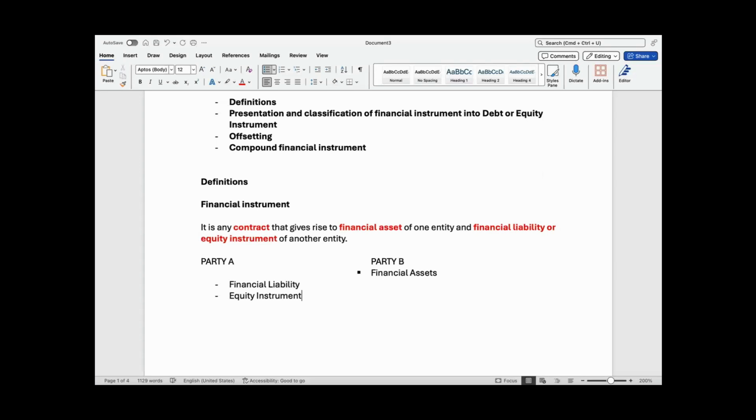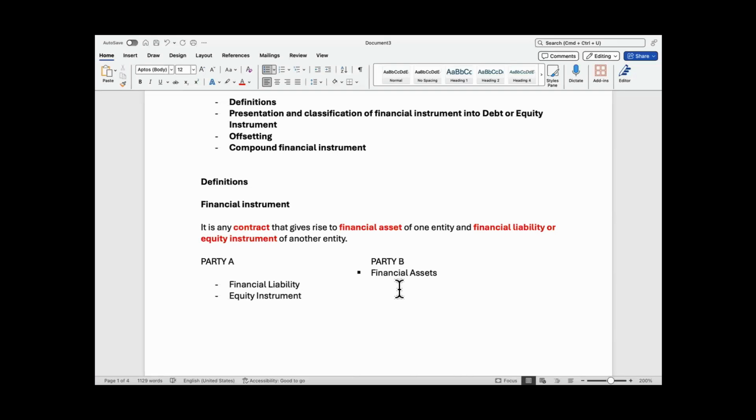This thing I've just painted must happen. There has to be at least two parties. One party must have financial assets, and another party must have either financial liability or equity instrument. If that does not happen, then we don't have a financial instrument contract.